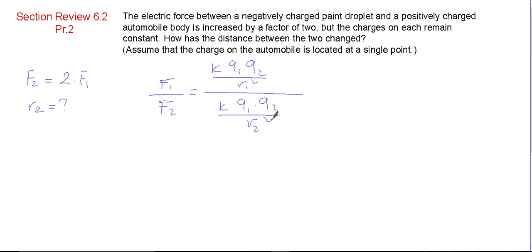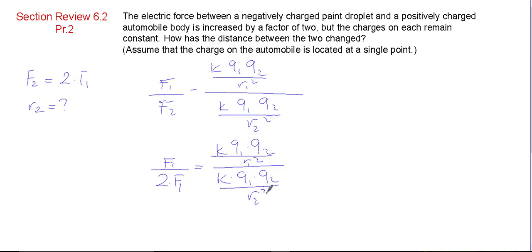So if I write it again, I will write F1 over 2F1 is equal to K multiplied by Q1 multiplied by Q2 over R1 square divided by K multiplied by Q1 multiplied by Q2 over R2 square. I have written one equation for F1 here and one equation for F2, and then I take the proportion of them.